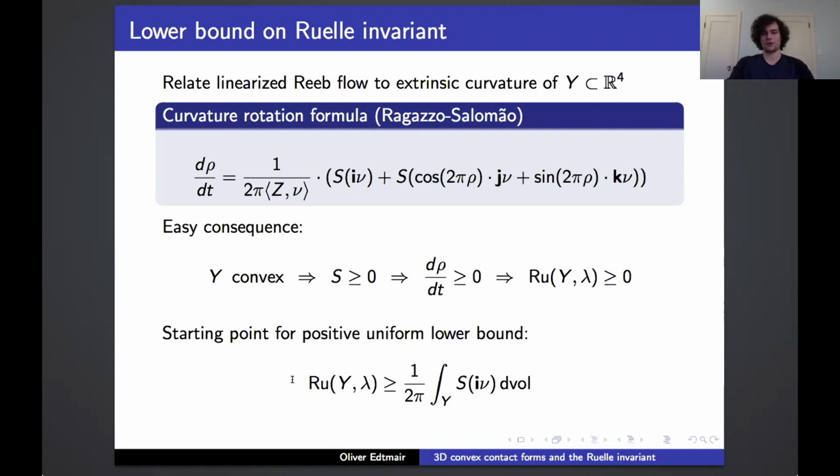We can prove a lower bound in terms of the integral over Y of this curvature quantity, the second fundamental form in the direction of I nu. And then from this point, we look at this curvature integral and keep doing estimates. And in the end, I claim one can get a strictly positive uniform lower bound. Okay, so that's what I want to say about the lower bound for now.